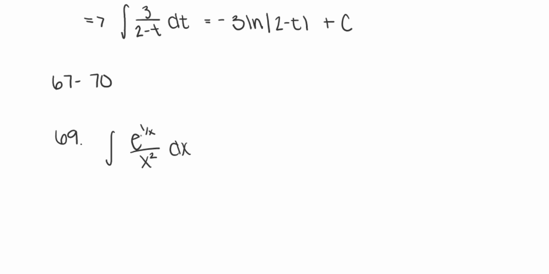Well, maybe it might be easier if we actually rewrite this. So let's say e to the x to the negative 1, just rewriting this 1 over x, times x to the negative 2 dx. Okay, so still not really sure because this seems like the higher power.